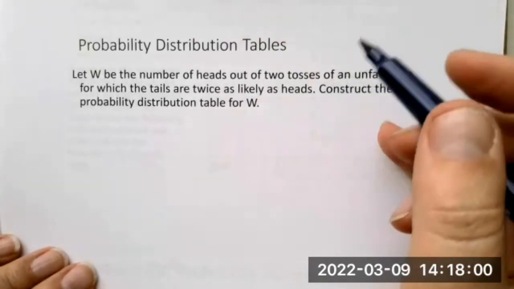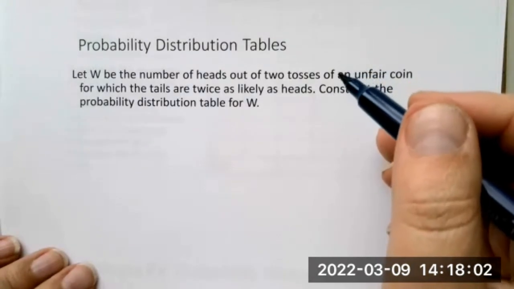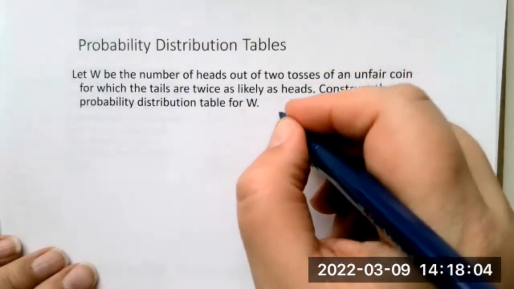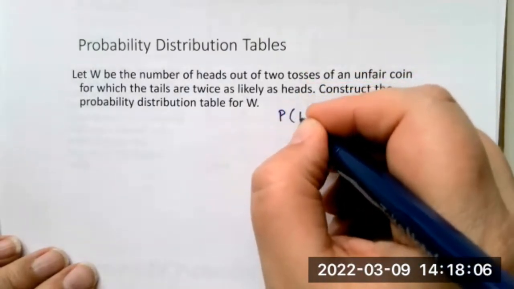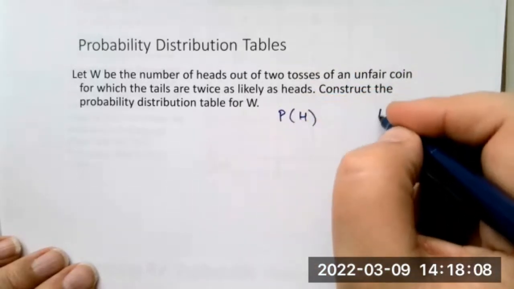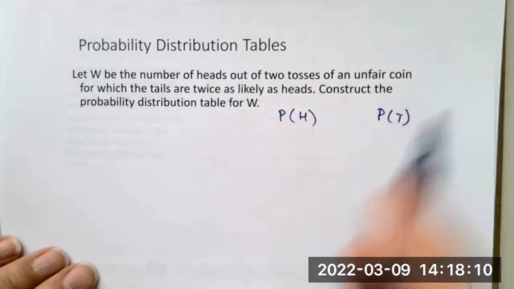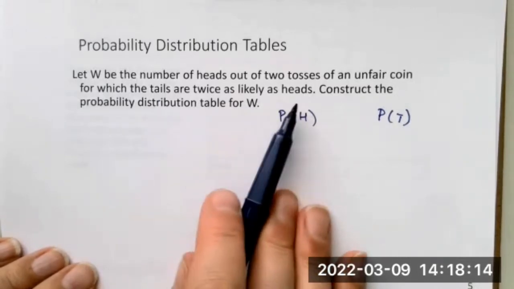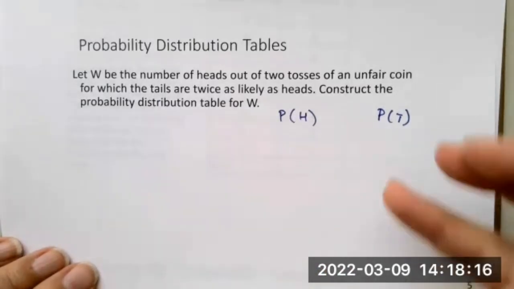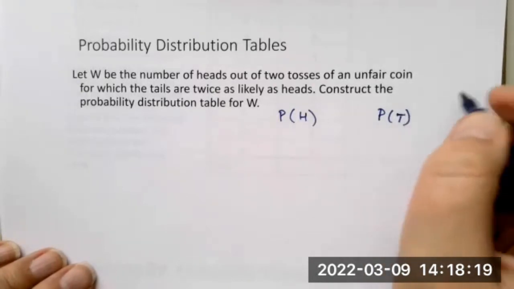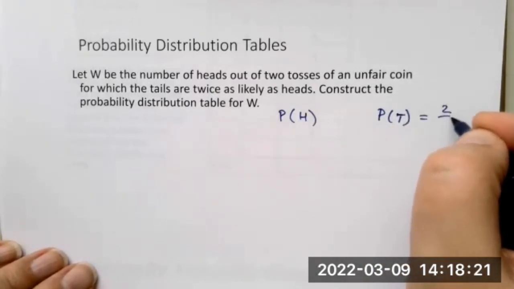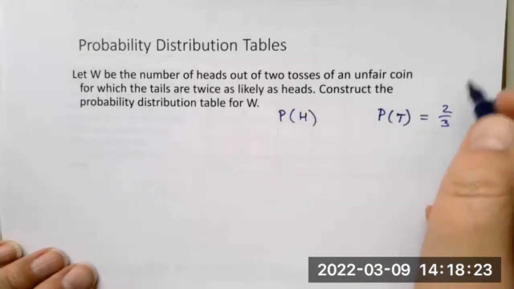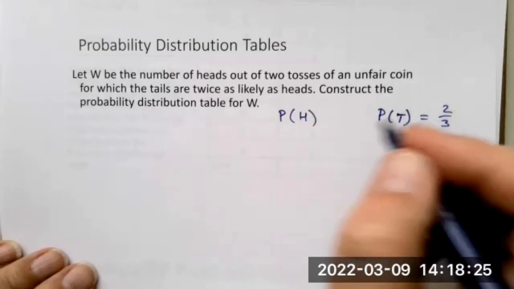So first of all, let's describe the possible outcomes for one toss. We could have heads, or we could have tails, right? We say that tails are twice as likely as heads. So the probability of tails is 2/3.